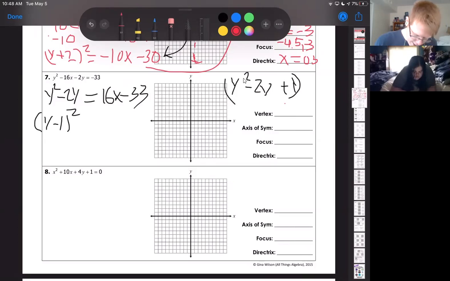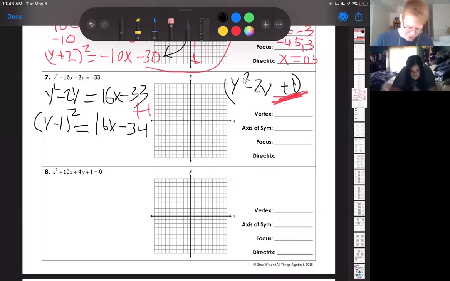But remember, when I complete my square, if I added this plus 1, I have to add it to the other side here. So my right side would really be 16x minus 34, which is really nice, because if not, it wouldn't factor out nicely. So the left side's good, but on the right side I want to get rid of this coefficient on my x by pulling out a GCF.